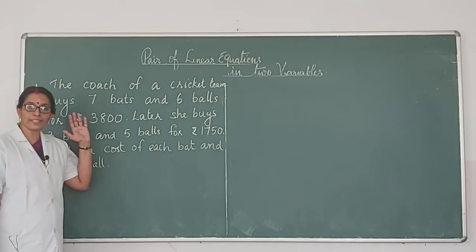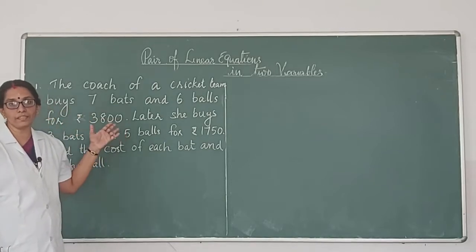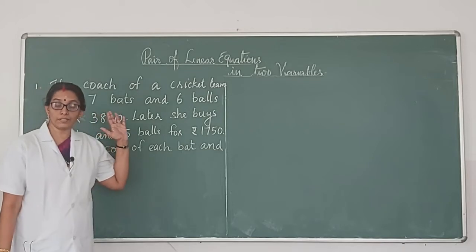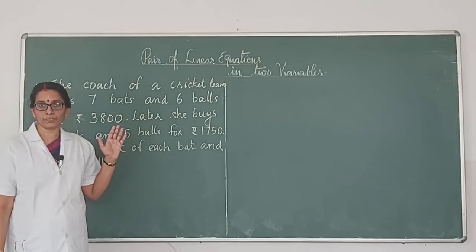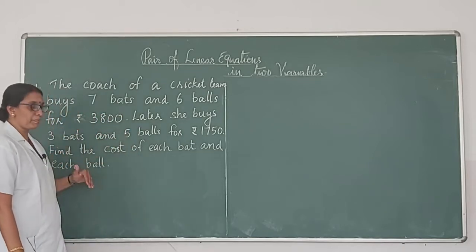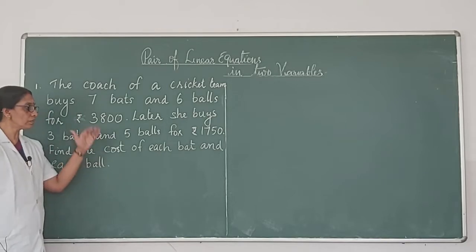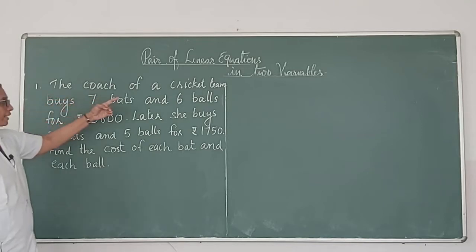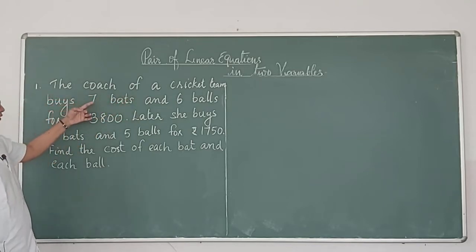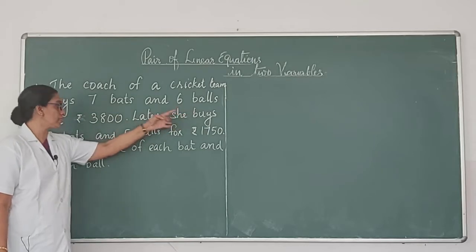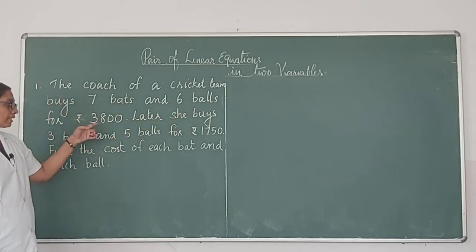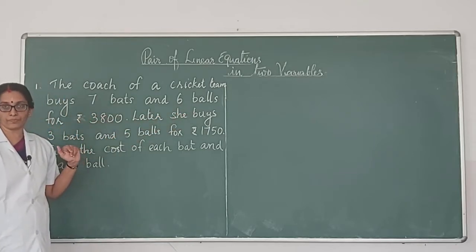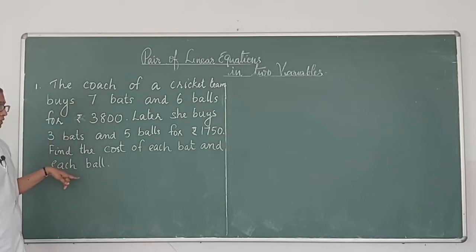You have already seen this type of question in the graphical method. So now we are applying the algebraic method to solve it. Okay children? The coach of a cricket team buys 7 bats and 6 balls for rupees 3,800. What is to be found?